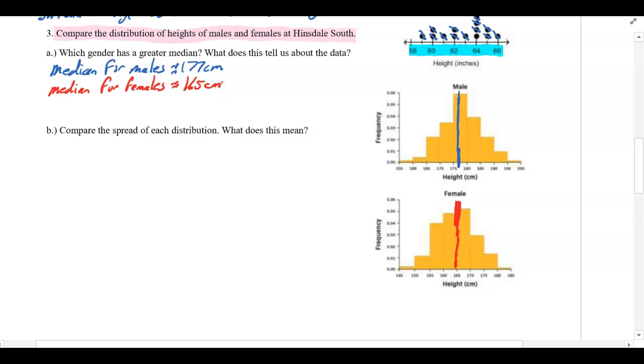Again, this is simply an estimate. So in general, the males have a higher median, which means in general the males are taller. So which gender has a greater median? The males, because that's the center of the data.